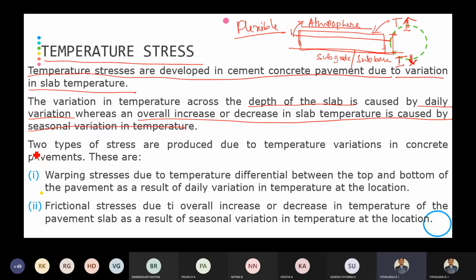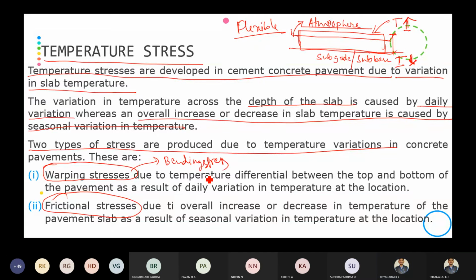The two types of stresses produced due to temperature variations are one is warping stress, another one is frictional stress. Warping stress, which is also called bending stress, you can note down. It is due to the temperature differential between the top and bottom of the pavement as a result of daily variation.